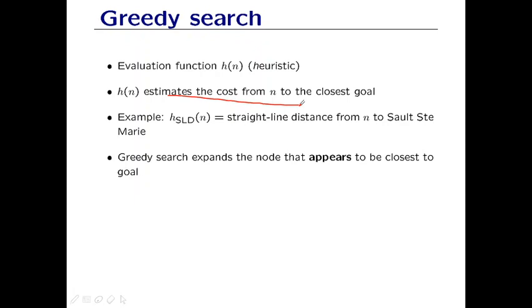As you can see, they have given the heuristic numbers. So you select the smallest heuristic number and go in depth with it. Greedy search basically expands the node that appears to be closest to the goal.